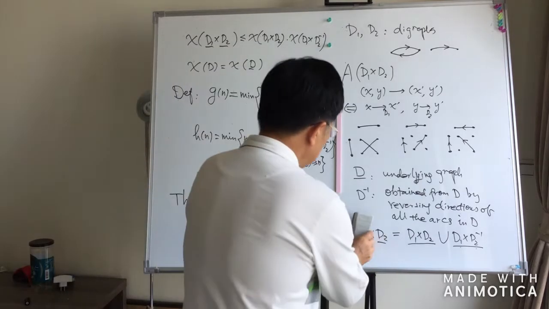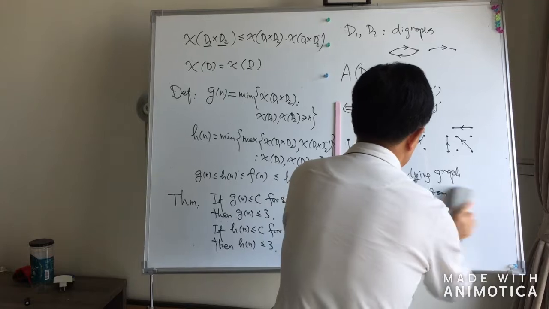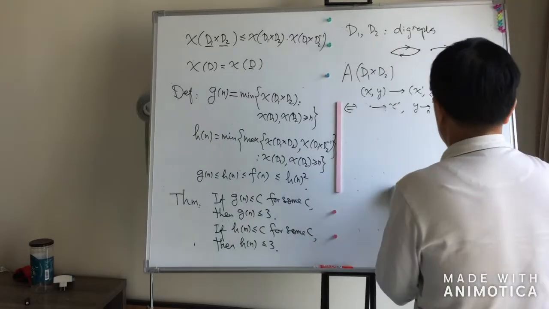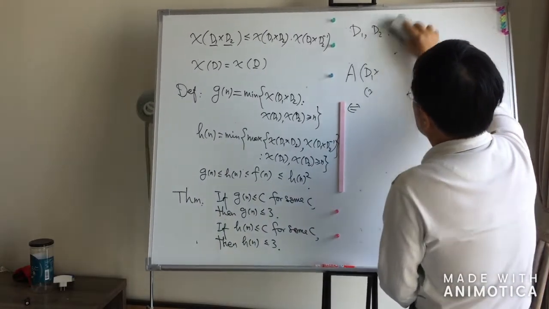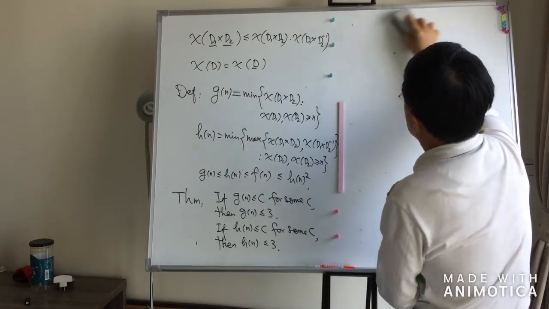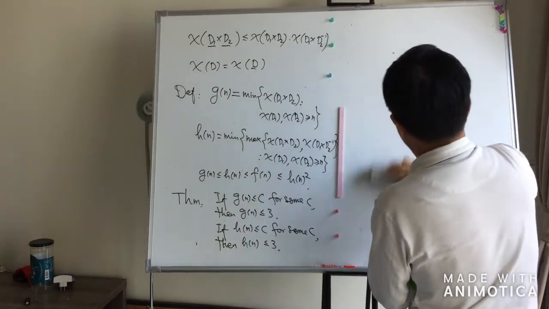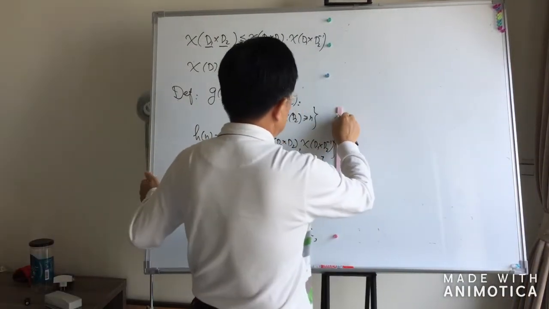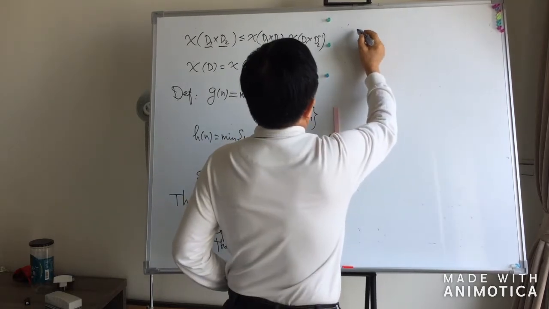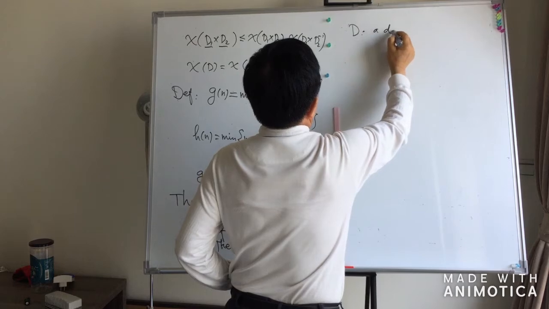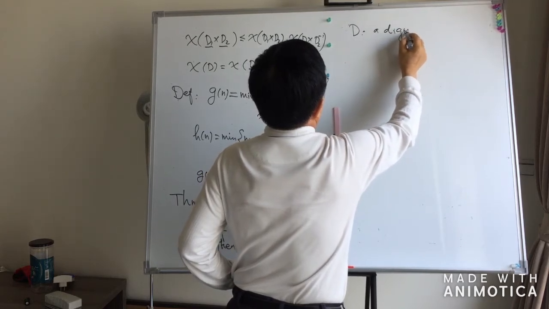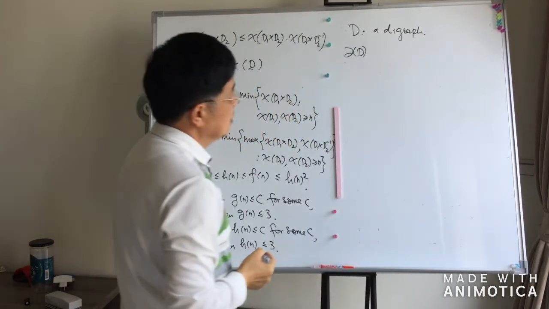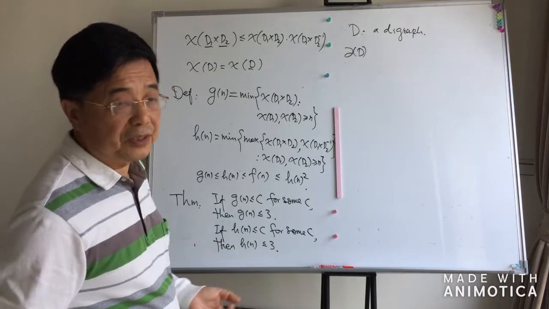Okay. To prove this theorem, we need to define something like the line graph of a directed graph. So, this is a digraph D. This is the partial D, something like the line graph of this directed graph.